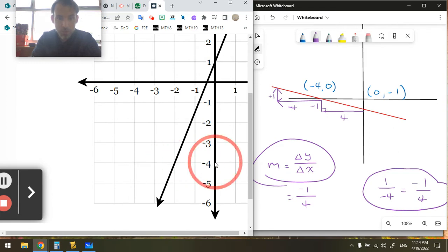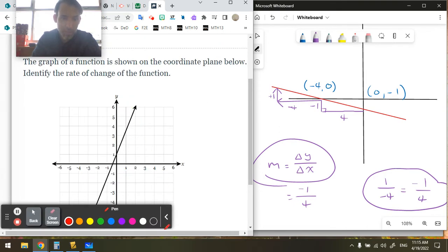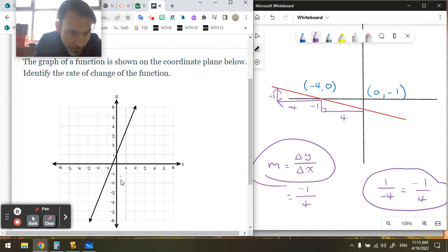It grows by 2 in the x to get here, and then it grows by 5 in the y. So here's my drawing tools. Let's zoom back out, and I'll show you. Here, it grows plus 2, and then this grew plus 5. So I put change in y on top, 5 over change in x.